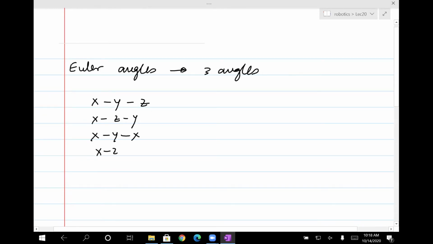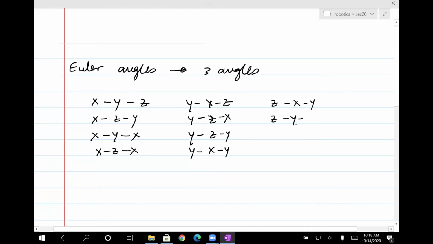Then we have X, Z, X. Okay, so these are all combinations starting with X. We can do the same starting with Y: Y, X, Z, Y, Z, X, Y, Z, Y, Y, X, Y. And then finally, the same thing for Z: Z, X, Y, Z, Y, X, Z, Y, Z, and Z, X, Z. So there are 4 plus 4 plus 4 equals 12 ways in which we can describe the rotation.